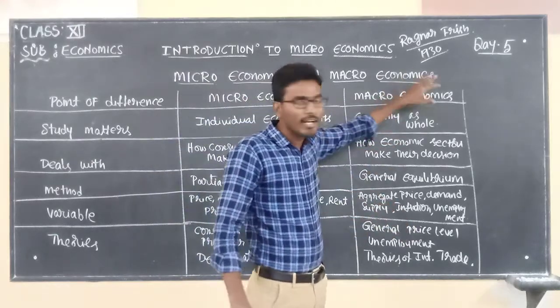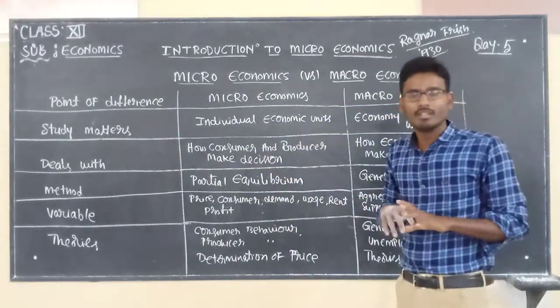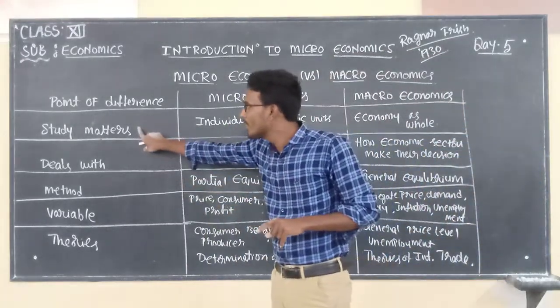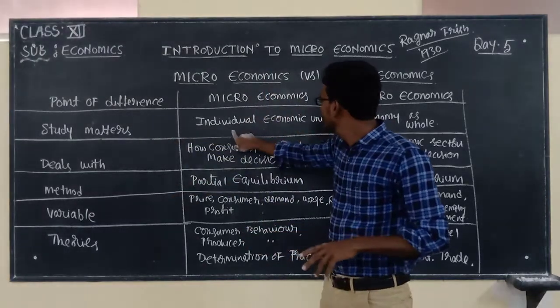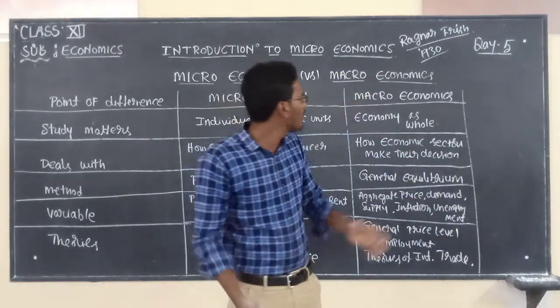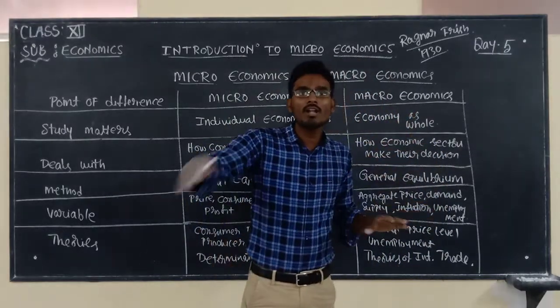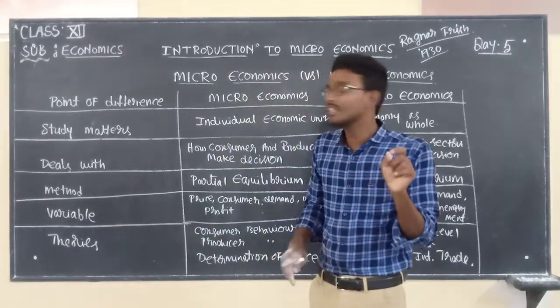Macroeconomics deals with the complete forest, the overall forest. So what is the first difference here? As a study matter of economics, microeconomics deals with the individual unit, and macroeconomics deals with the economy as a whole. That is the first differentiation.